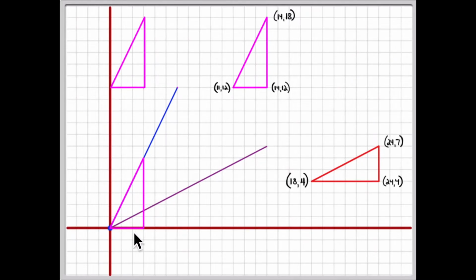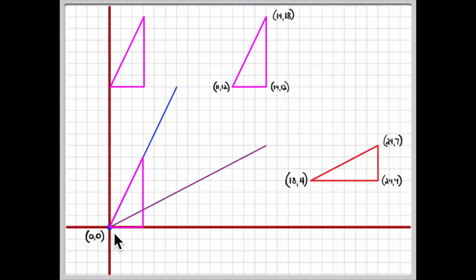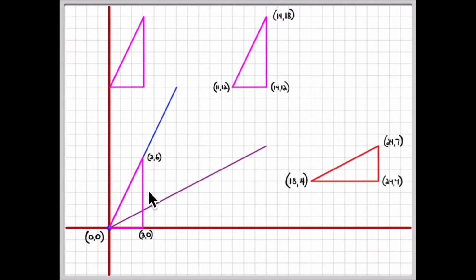So now this triangle, the coordinates right here, tell you what the vertical length is and what the horizontal length is. So this is the origin. This point is at (3, 0), so that's the horizontal length. And this vertical length is at (3, 6), or 6 units. So this vertical length is 6/3 of this horizontal length.